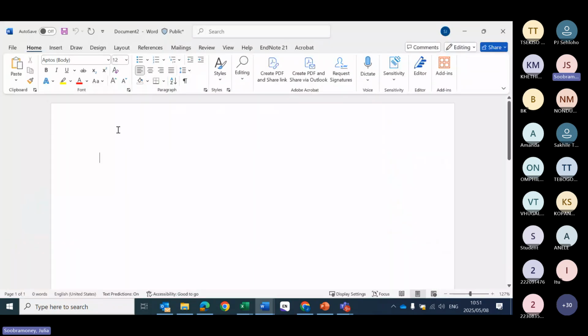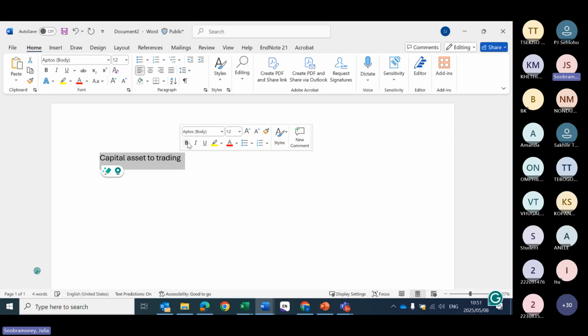Yes. Okay. So maybe you only take this down, but what happens if it is a capital asset to trading stock? So you need to ask yourself, what is the normal rules if I sell an asset? Okay. What are the normal rules? What are you going to do? We've just done it now for the past 3 lessons.